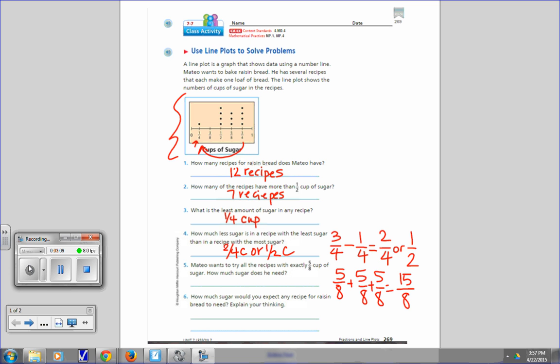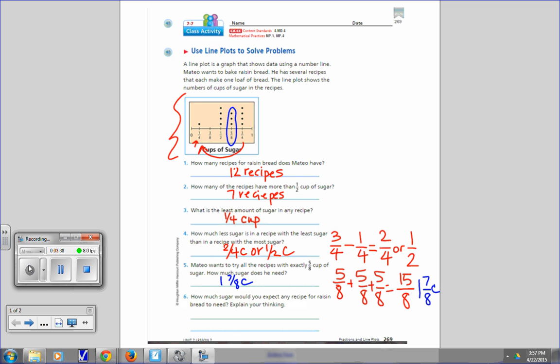I can't leave that. That doesn't tell me how many cups I need. So I need to make this into a mixed number. 8 goes into 15 once, so 1 and 7/8 cups. 7/8 is almost what? 2 cups. But he needs 1 and 7/8 cups of sugar to try all of these recipes right here.